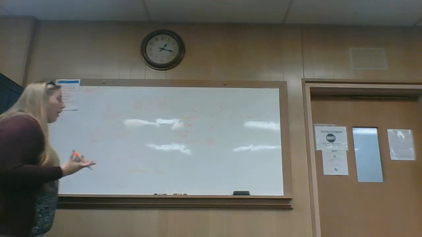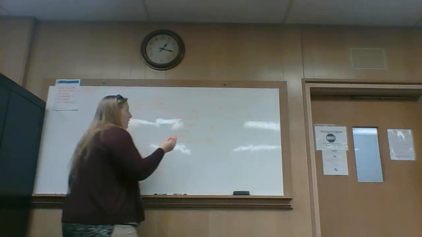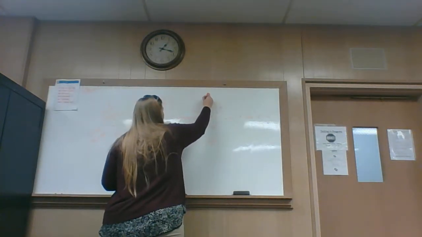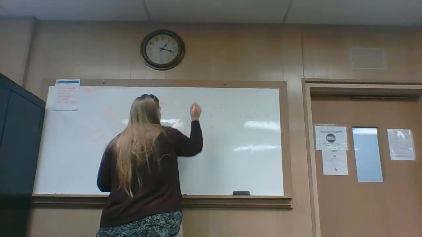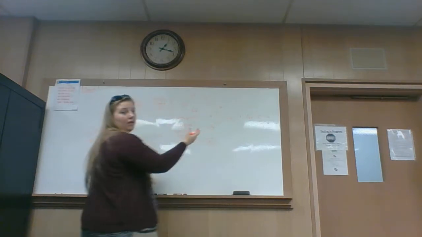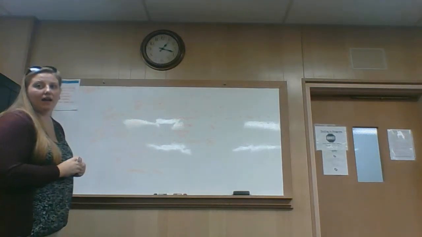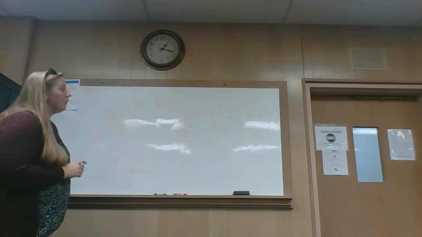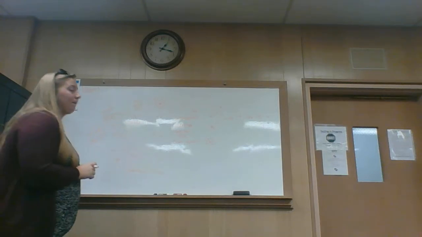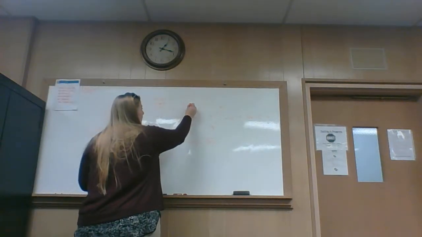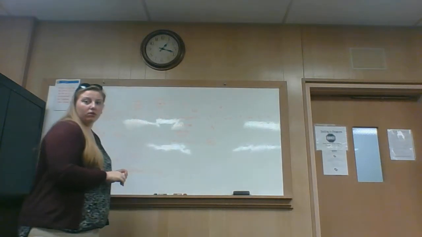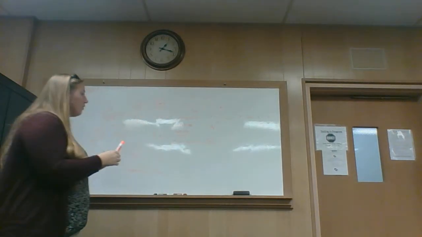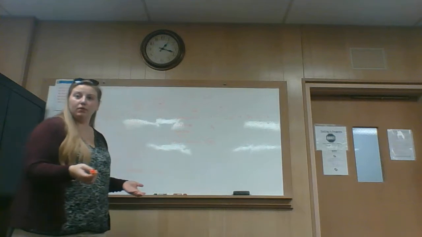So let's talk about why. If we had a bunch of H plus ions floating around, is there anything in the reactants that might react with that H plus? We've got a negative nucleophile, right? So these protons can tie up your nucleophile.